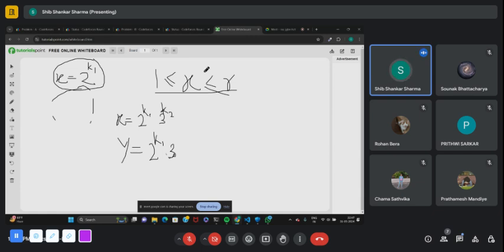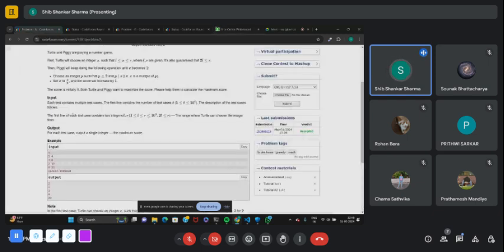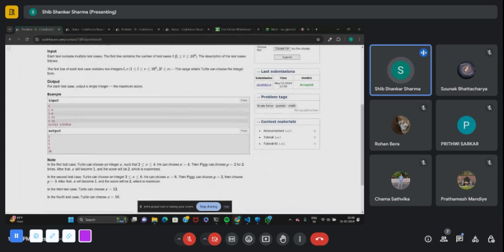So if we are to keep x within this range and also maximize this k1 number, it will always be beneficial to keep multiplying this with 2 until the value of our x is less than r, right? So what we can simply do is, let's say the input given to us is t, the number of test cases, and then we have l and r, the ranges.